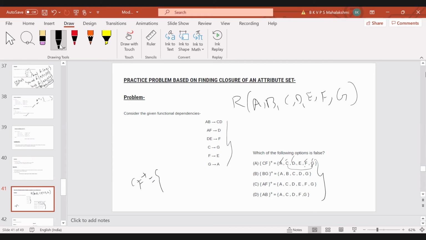CF closure: CF, G, A, and anything else, E. And AF again gives D. So A, C, D, E, F, G. So this one is correct.